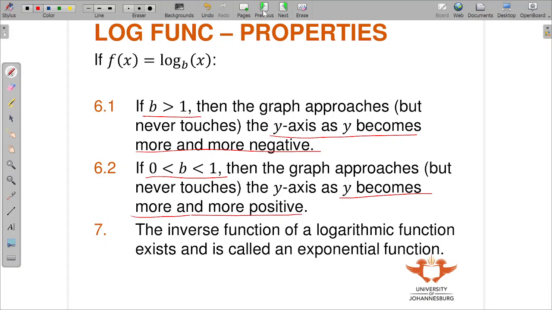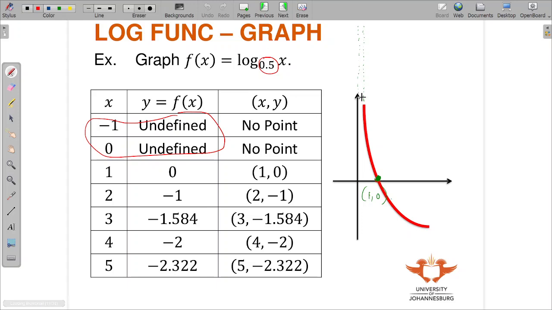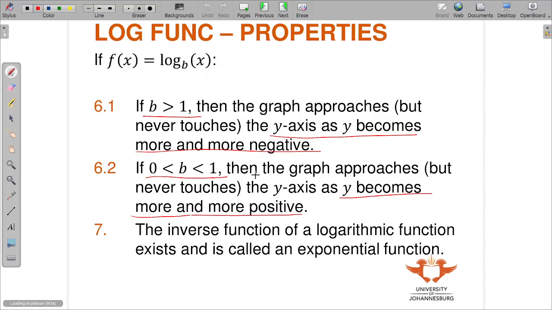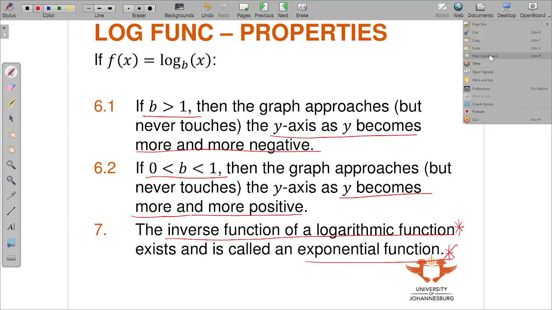We saw that here again. Then, the inverse of the logarithm function, if it exists, is the exponential function. Please make sure you take note of that.